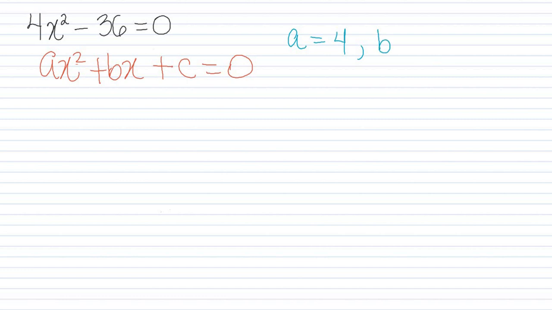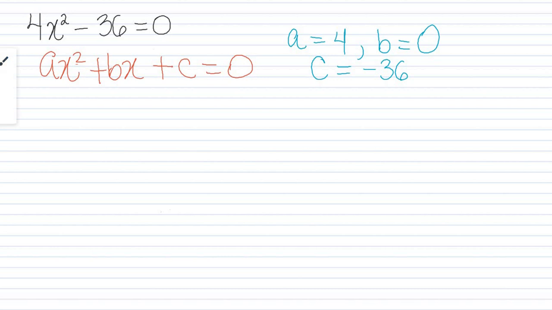And then the value of b is just going to be the coefficient of the term of x. But the x term is not present in this equation. So what that means is that the value of b is actually equal to 0. And then you have c, which is just a constant in the quadratic equation. And this equation has a constant. So c equals negative 36.